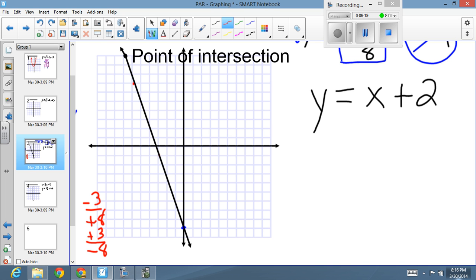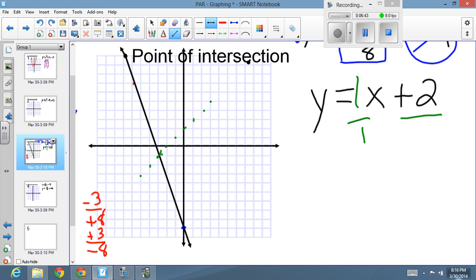Now I got to graph the line, a y-intercept of +2, a slope of 1 over 1. So that's up 1, right 1, up 1, right 1, up 1, right 1. Or down and to the left. I think right about there, that's the point where these intersect.